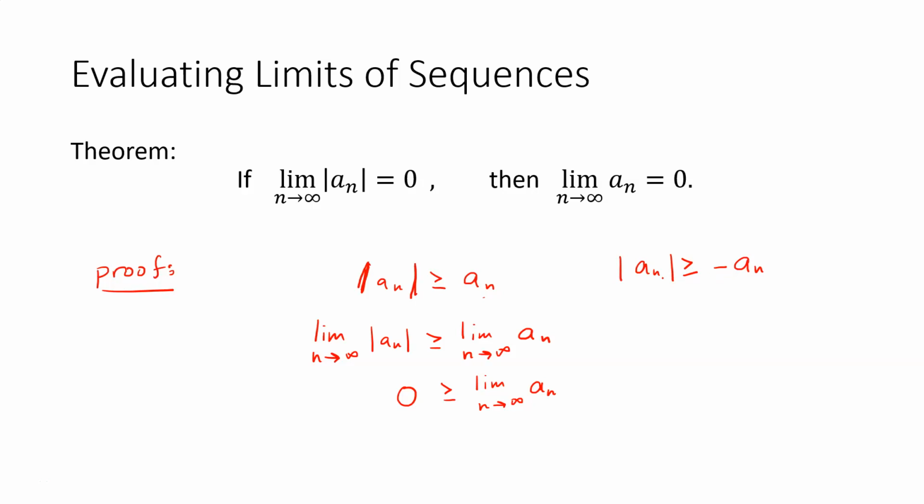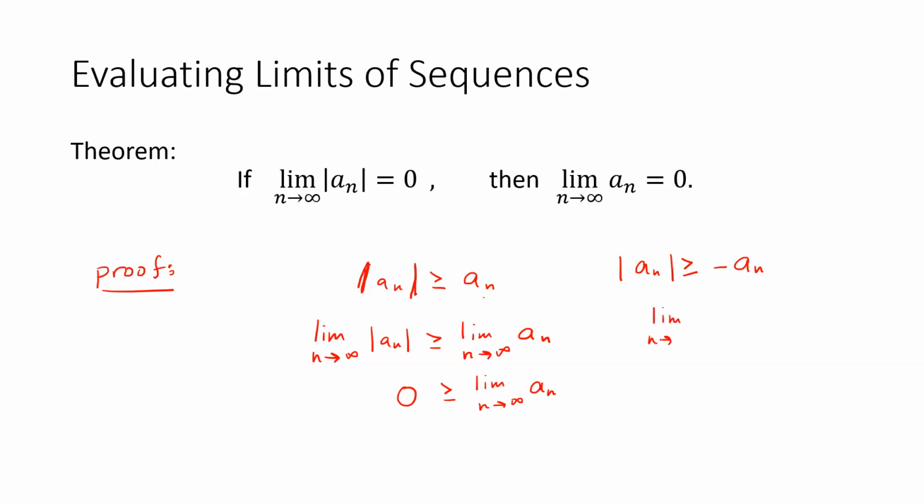So if an is already positive, then this would be the negative version, and so the positive version would be bigger than the negative version. If an is negative, then this switches it to the opposite value, so negative an would be the same value, so then these would be equal.